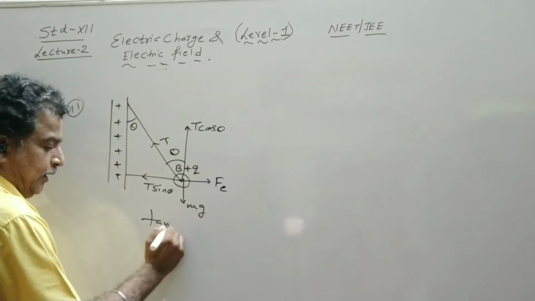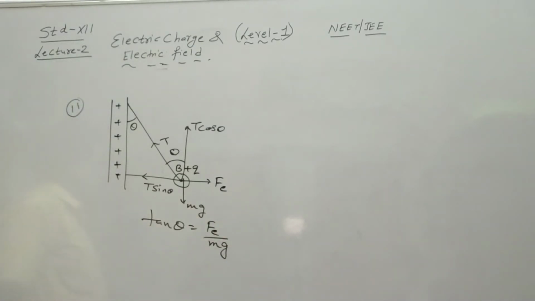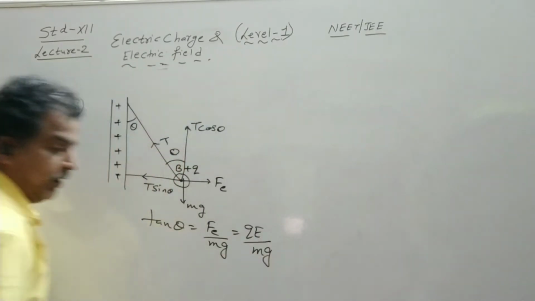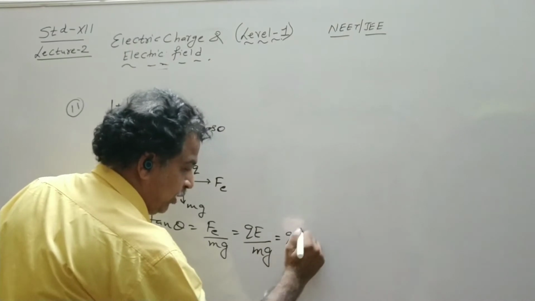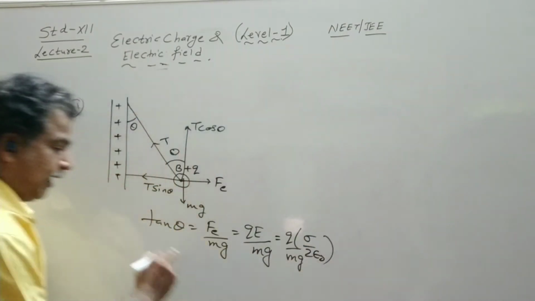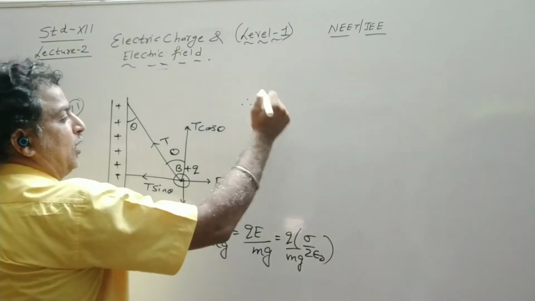And we know that tan theta is equal to Fe upon mg. Now here Fe can be written as QE upon mg. And now for the plane sheet, we know E is equal to sigma upon 2 epsilon naught. So tan theta is equal to this formula. And we need to find out the surface charge density.